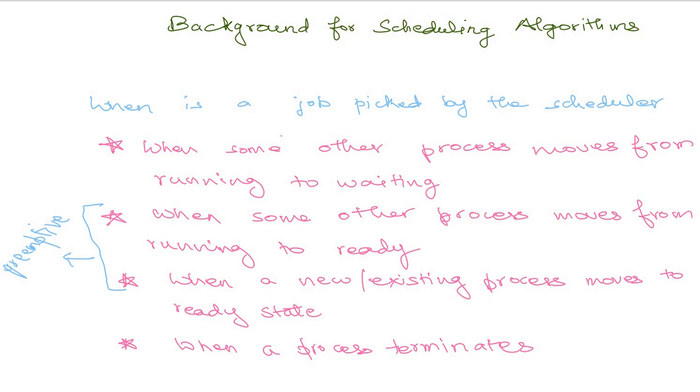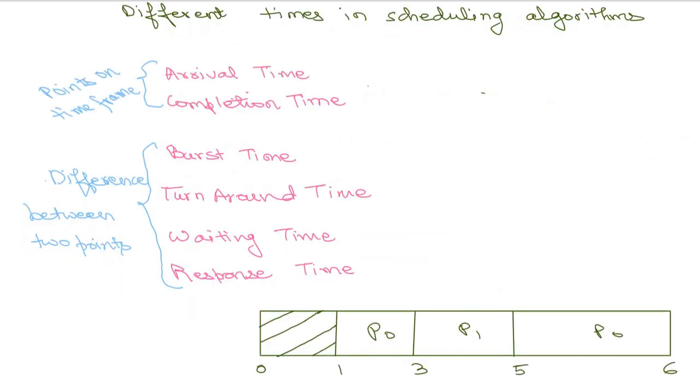Now, the next point that we need to study would be the different times in scheduling algorithms. First of all, the one which we have is arrival time. Let's talk about all these times for the P0 process in this one. We can see that here we have a process block made where we have different times given to the different processes. So what would be the arrival time for P0? It's the time at which it enters the CPU.